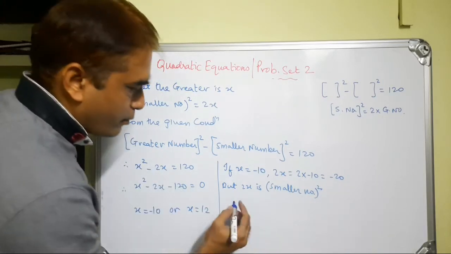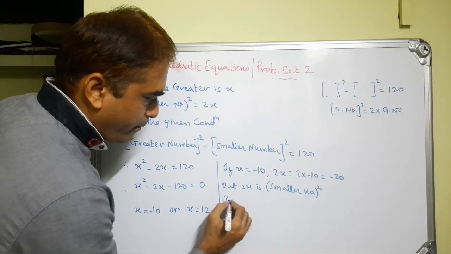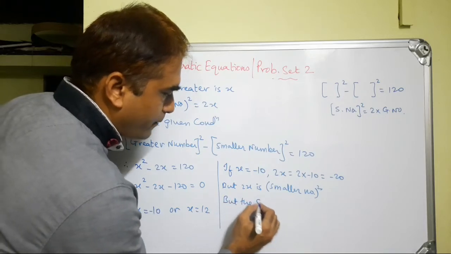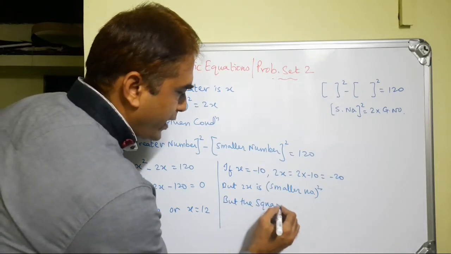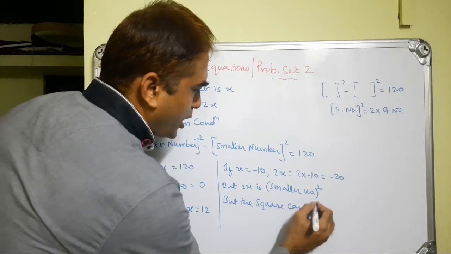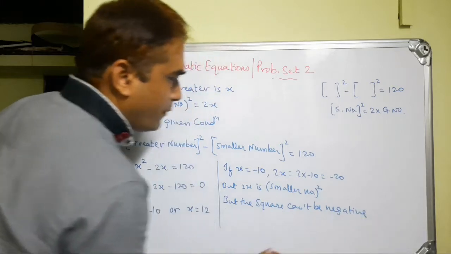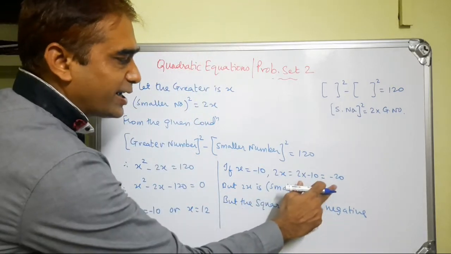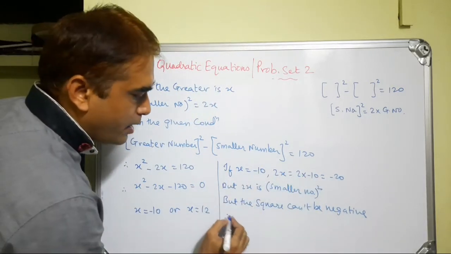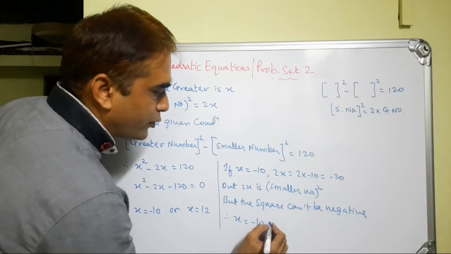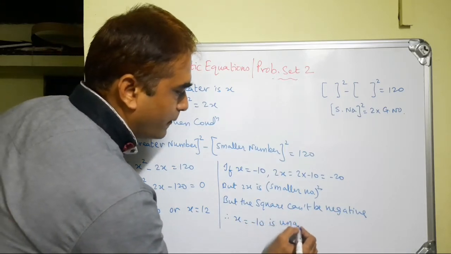No. Square of a number can't be negative. Therefore this is unacceptable, and so x equals negative 10 is unacceptable.